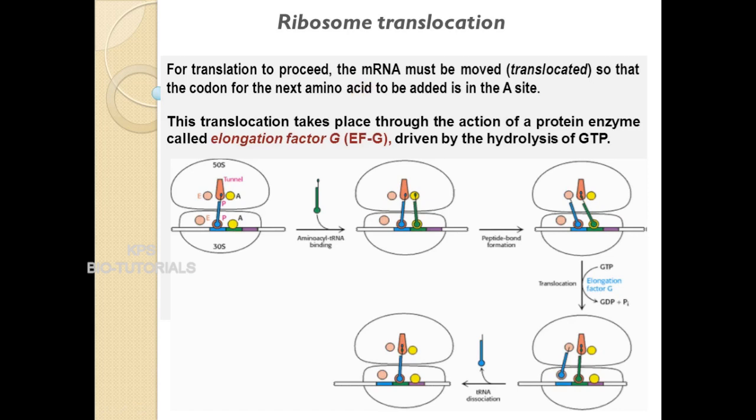This translocation takes place through the action of a protein enzyme called elongation factor G, or EF-G. Elongation factor G is a translocase enzyme which will translocate the ribosome. This movement of the ribosome is driven by hydrolysis of GTP. So EF-G also works with the help of GTP hydrolysis.